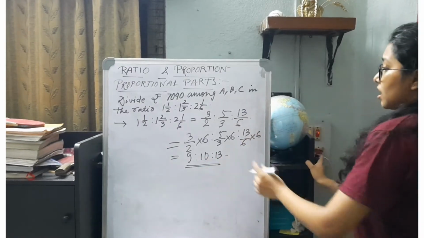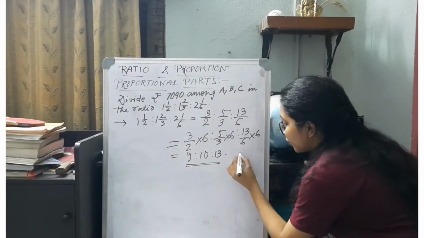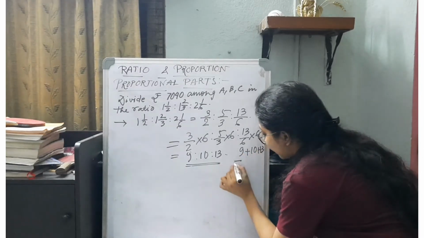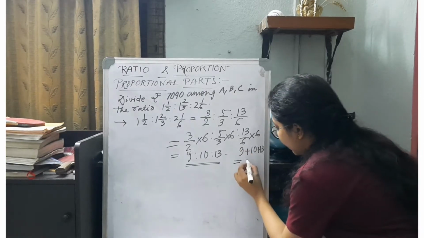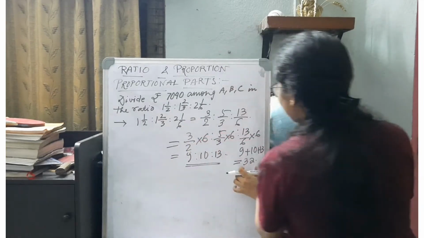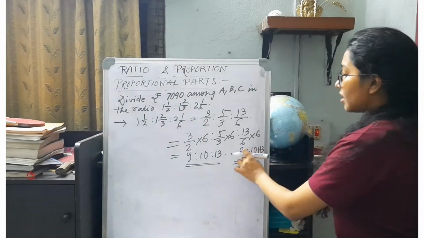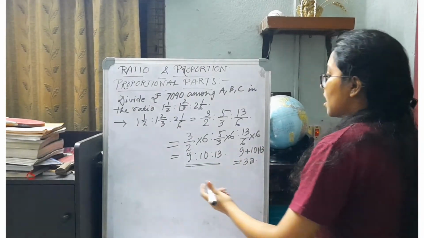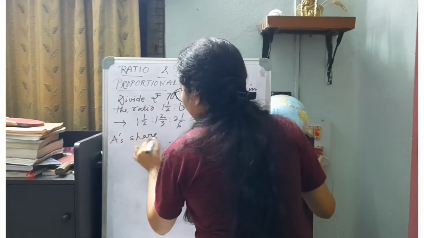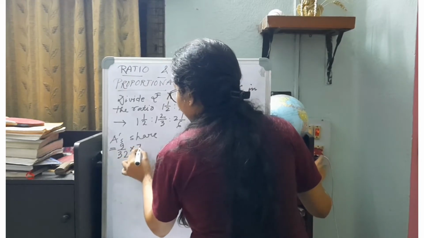Now the first part is divided in which amount? If we add all three of them, 9 plus 10 plus 13, it is 23 plus 9, that is 32. So if we divide it in the ratio, the first part is 9/32, so A's share is 9/32 of 7040.